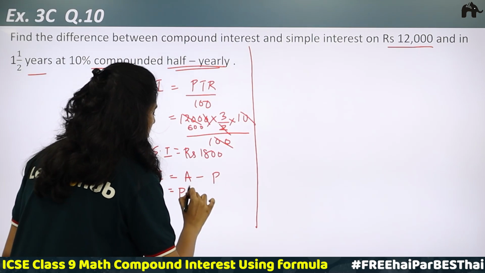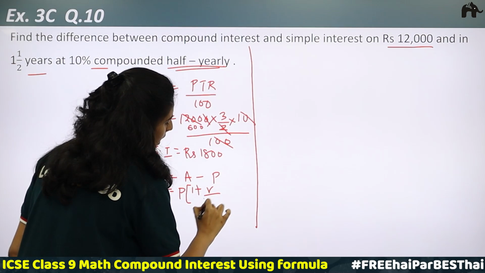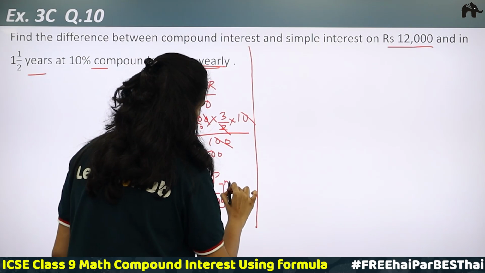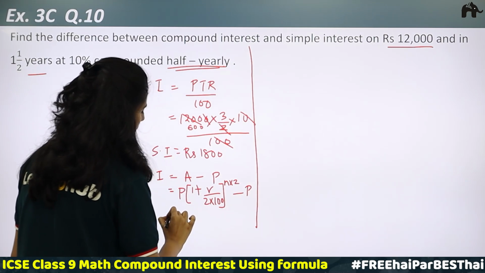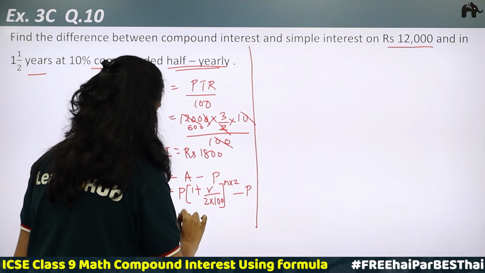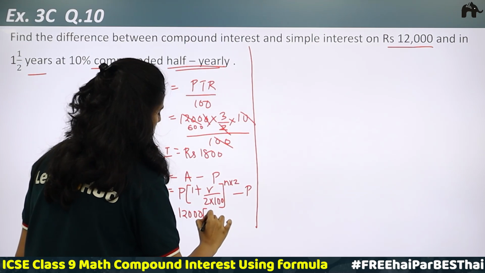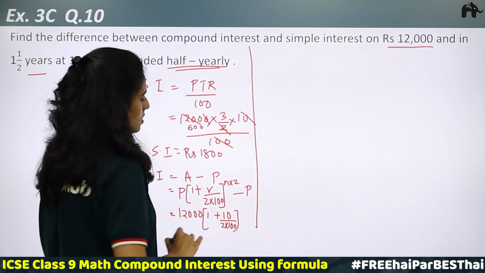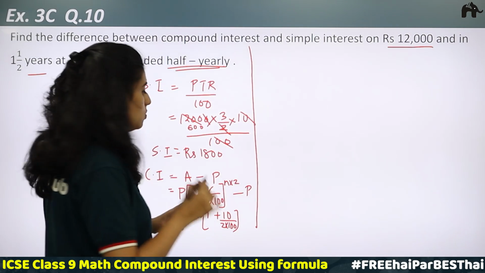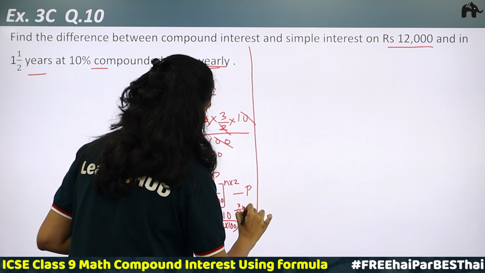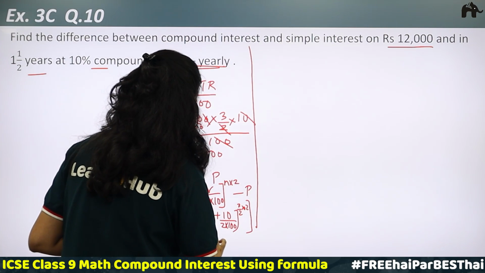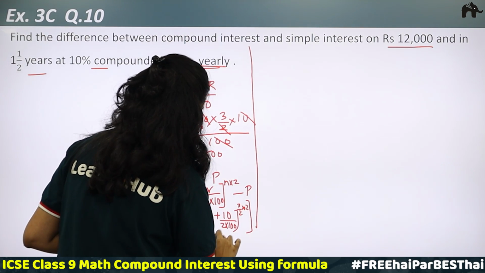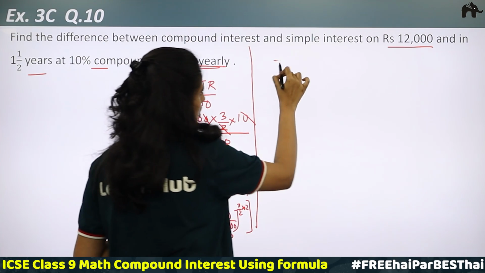Yes, P into (1 plus R by 2 into 100) whole raised to N into 2 minus P, which is equal to, put the values, 12,000 into (1 plus 10 by 2 into 100) raised to N. Here the N is 3 by 2, 3 by 2 into 2, minus 12,000.